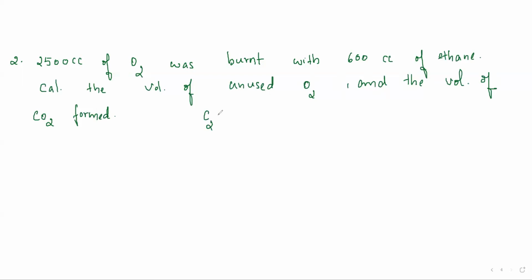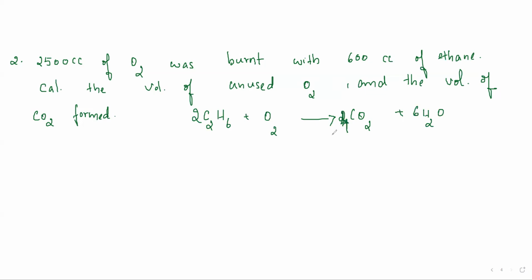Ethane, C2H6, is burnt in oxygen to give you carbon dioxide and water. Any hydrocarbon on burning completely in oxygen gives you carbon dioxide and water. Okay, so C2H6 plus O2 gives 6 water. 2 C2H6 gives 4 CO2.